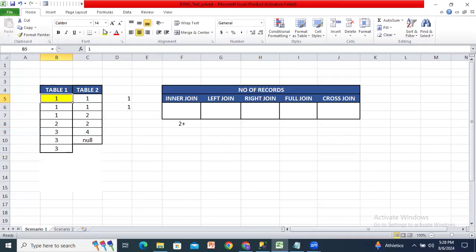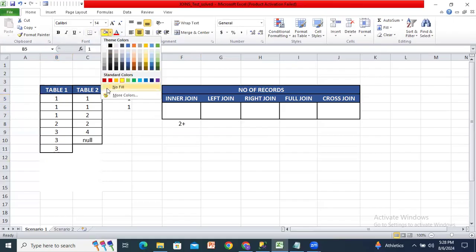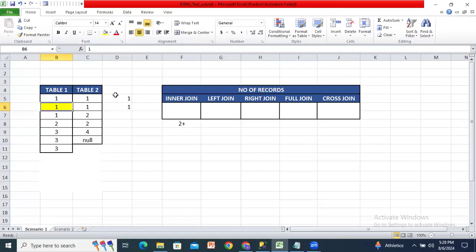Similarly, now we'll go back and do the second row. The second row also, check in the same way. The table 1 second row record is checked against the matching records in table 2.